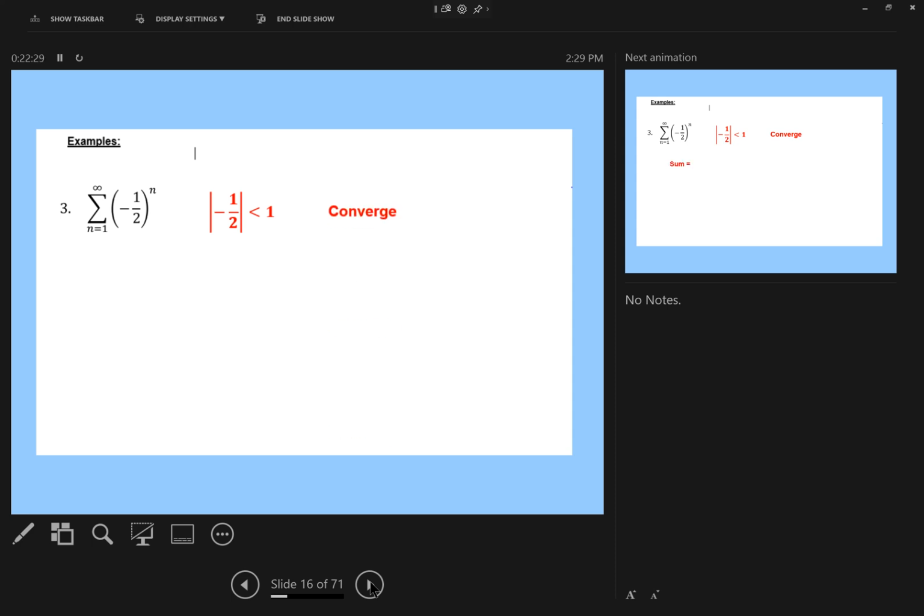Converge. Now, we don't care if it's negative when we determine converge or diverge, but the r is still a negative 1/2. So when we go to find the sum, remember, r is negative 1/2. Okay? So set up your sum, a over 1 minus r.